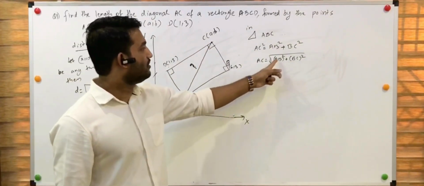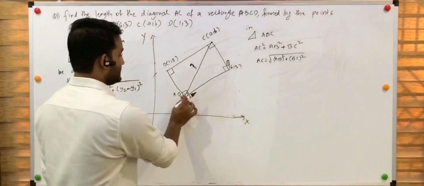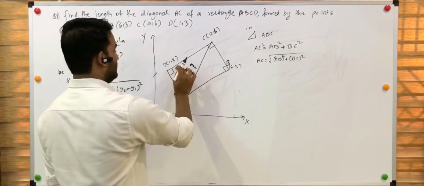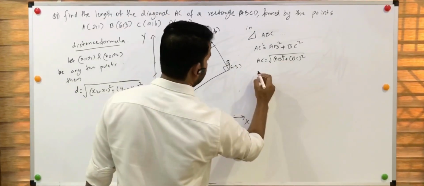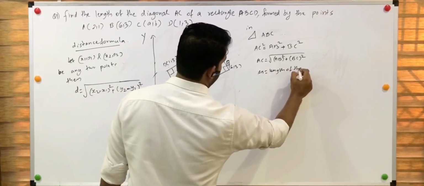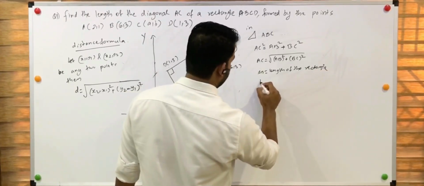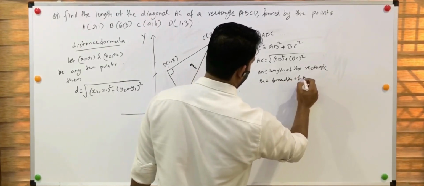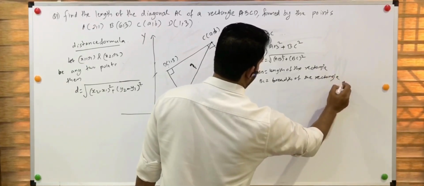But still we don't know the length AB and BC. How do we find the length AB and BC? Since the end points of the line segment AB are known, and BC, here AB is the length of the rectangle and BC is the breadth of the rectangle.